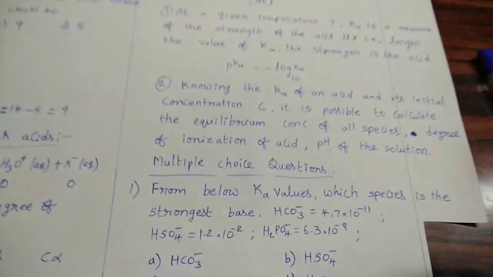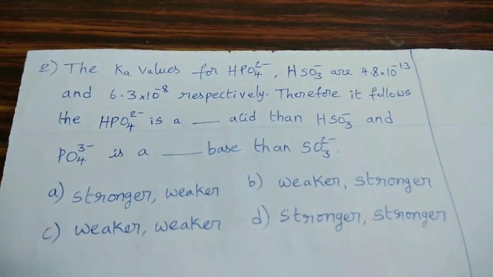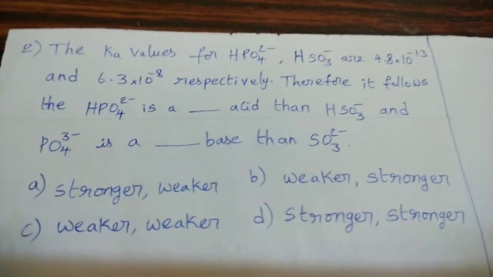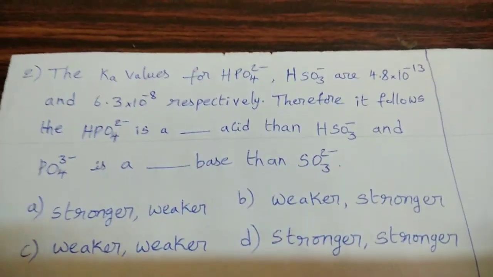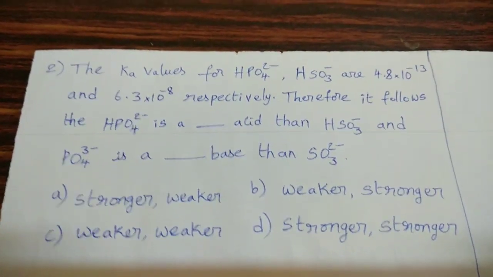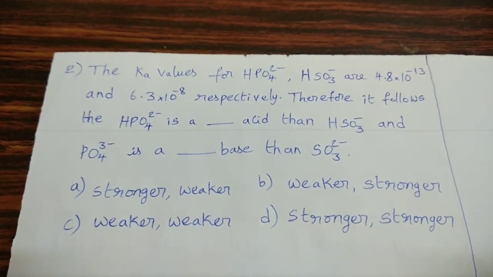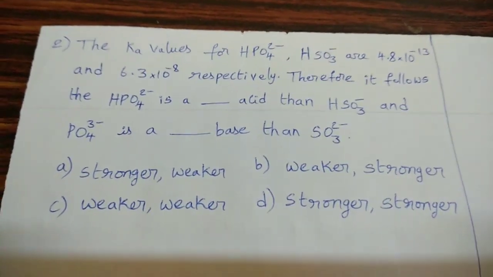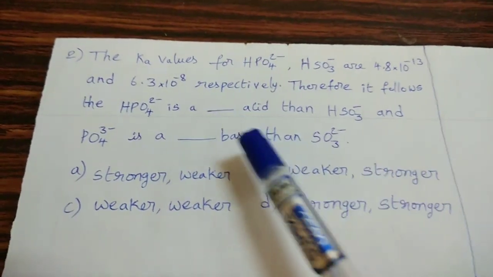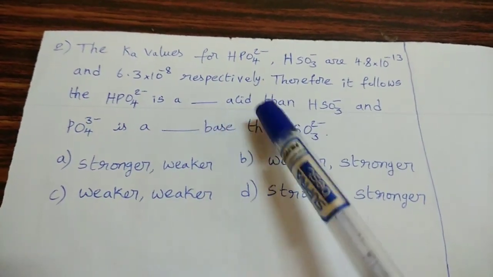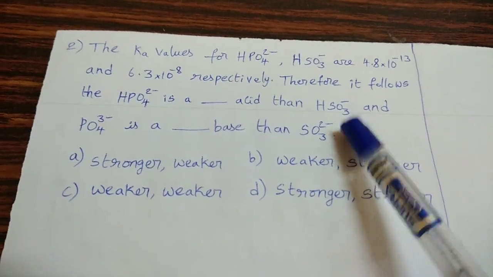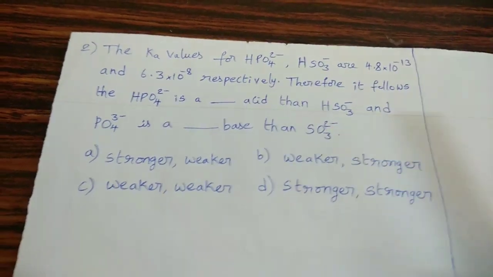Okay. Next. See the next one. The Ka values for HPO4 2 minus and HSO4 minus are 4.8 into 10 power minus 13 and 6.3 into 10 power minus 8 respectively. Therefore, it follows that HPO4 2 minus is a dash acid than HSO3 minus.